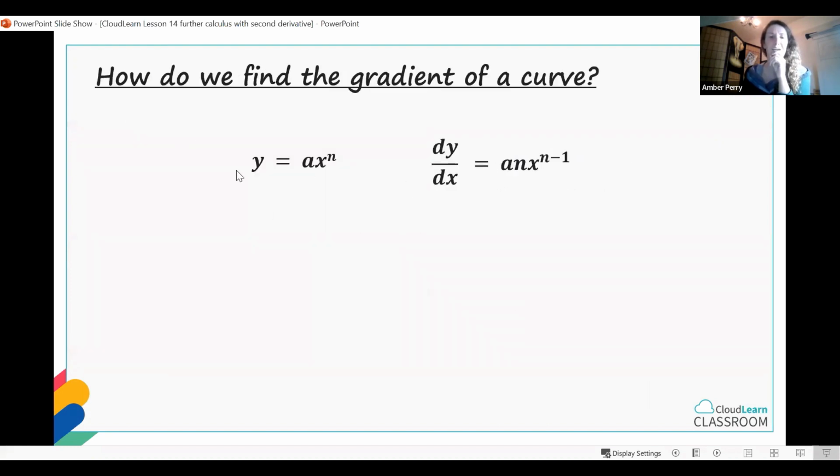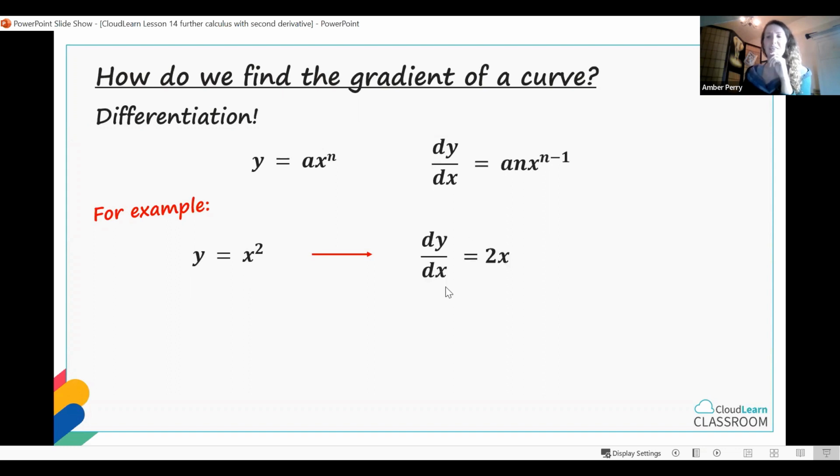So how do we find the gradient of a curve? If we have the curve y equals x squared, which is what we just looked at, the gradient function is 2x. And in general, for differentiation, which we did last lesson, if we have the function y equals a x to the power of n, the gradient function is y equals a times n times x to the power of n minus 1.